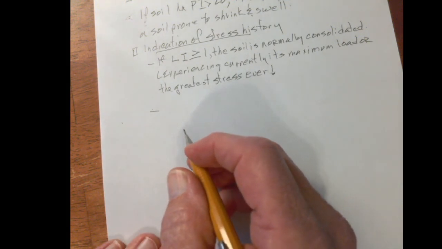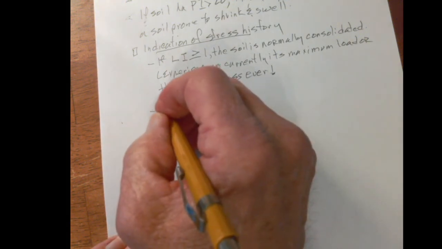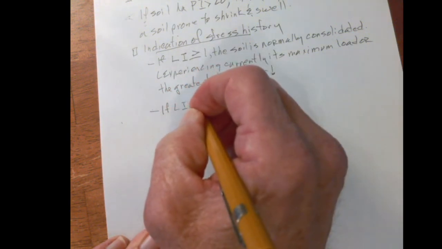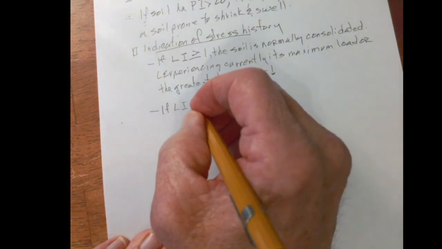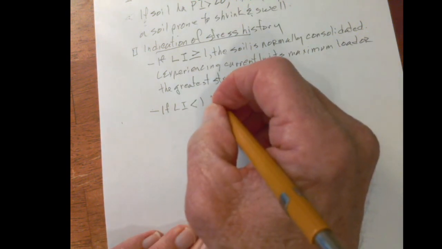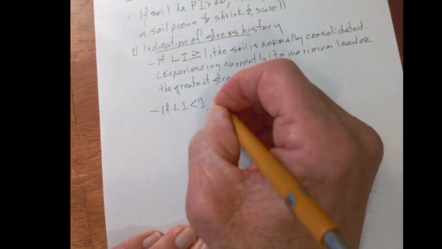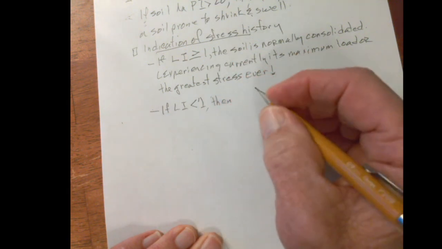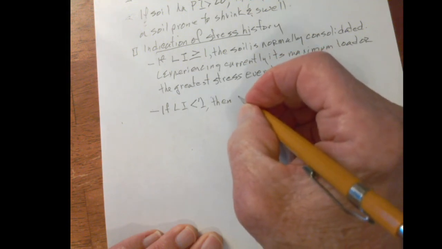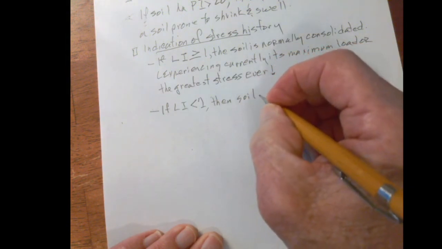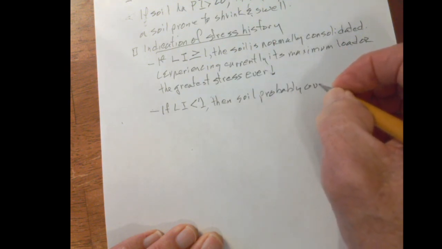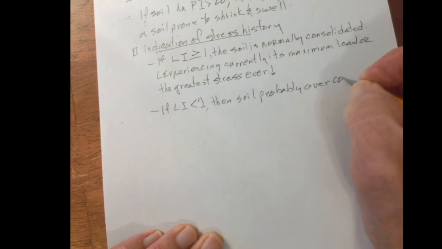Now, if the liquidity index is less than 1, it's a fraction, then the soil is probably overconsolidated.